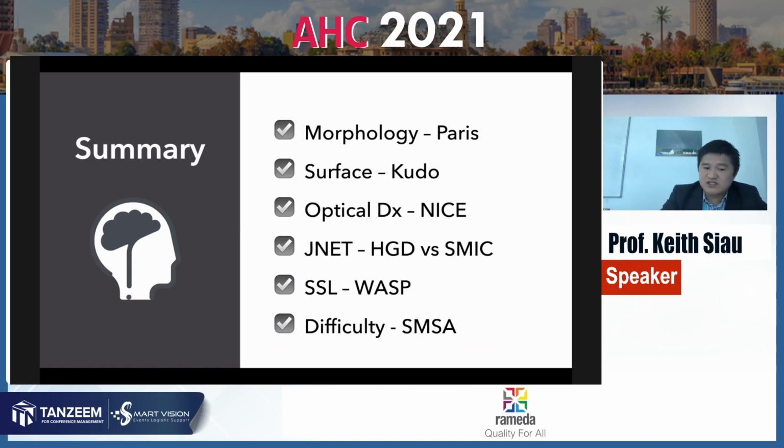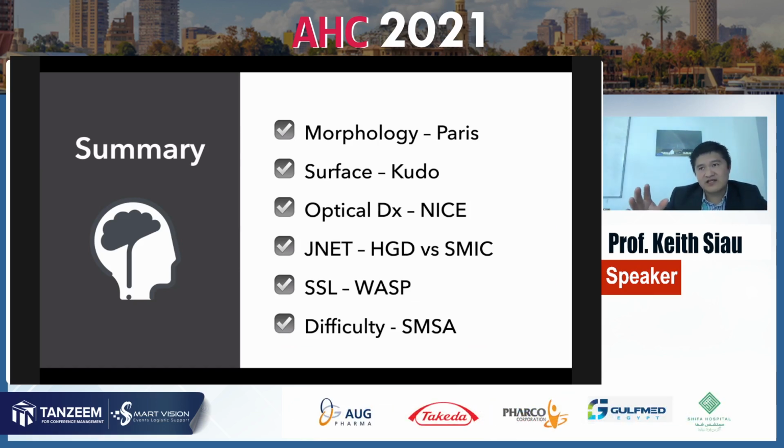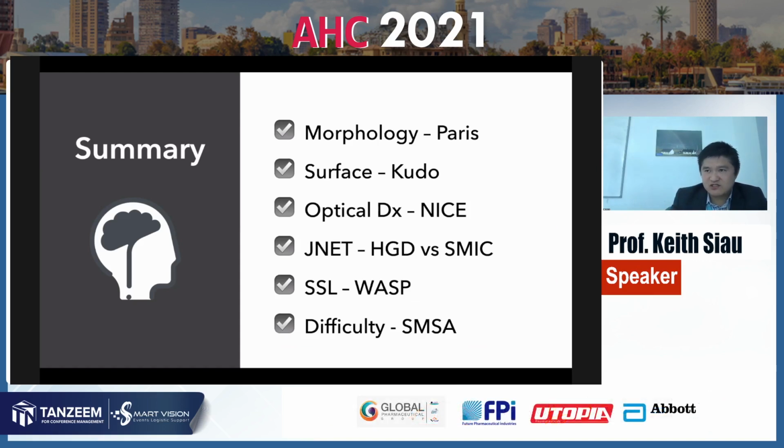Otherwise, I use other systems. If it's got high-grade dysplasia, if it's got a Kudo 5 pattern, I describe it using JNet. Is it a 2B or is it the 3? And that will differentiate the level of high-grade dysplasia or SMIC risk. And for sessile serrated lesions, the WASP classification comes in handy.